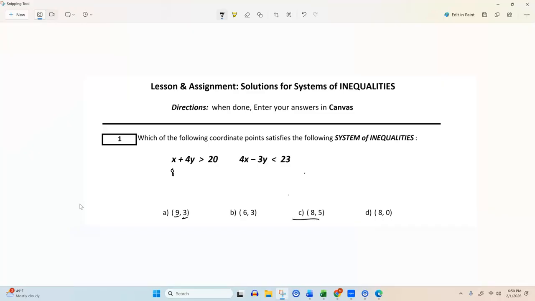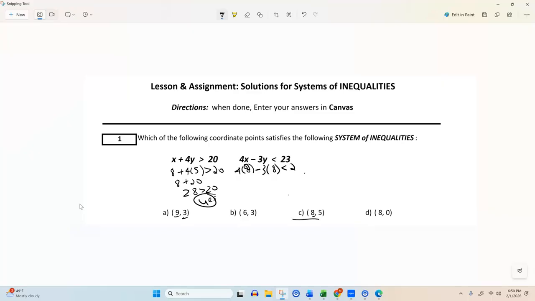So x is 8 plus 4 times y, which is 5, greater than 20. This is 8 plus 20, 28, greater than 20. Yes. Then let's put them over here. Again, we're doing this one right here. 4 times 8 minus 3 times 5.